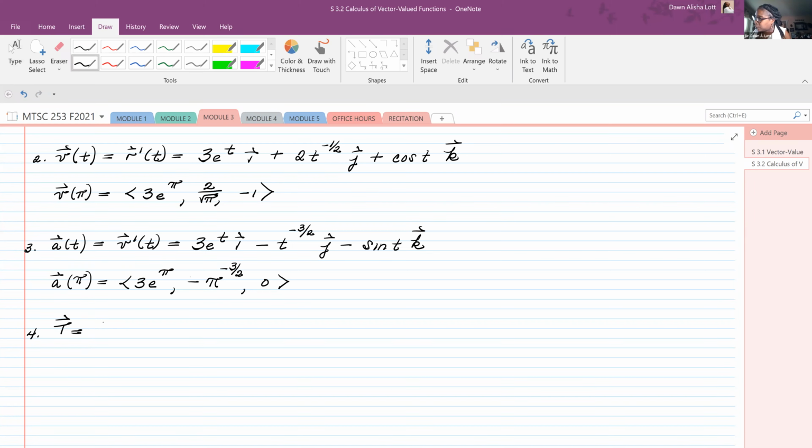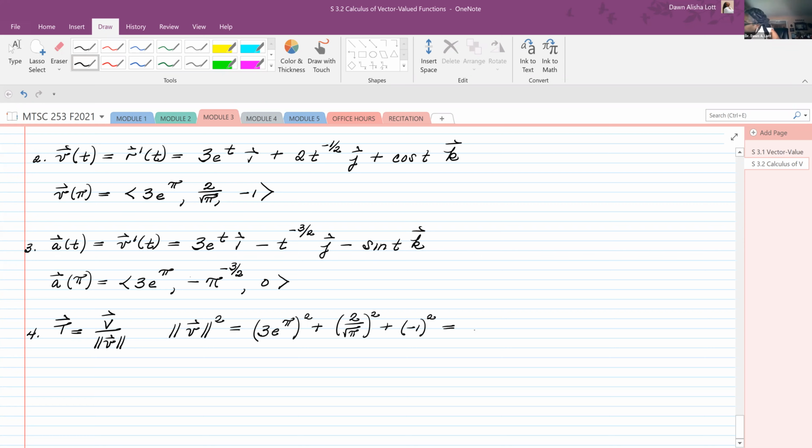So that's v over the length of v. So therefore, we already found v. So the length of v squared is 3e to the pi squared plus 2 over the square root of pi squared plus negative 1 squared.